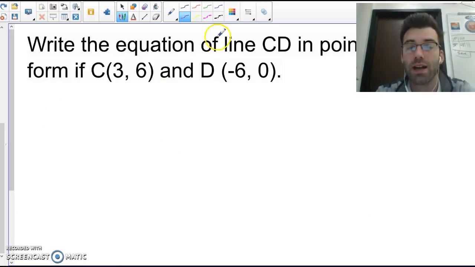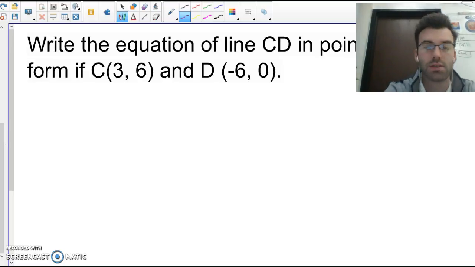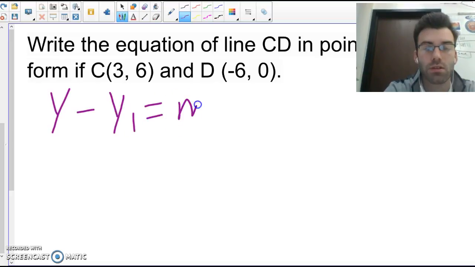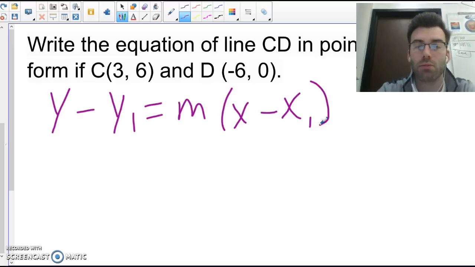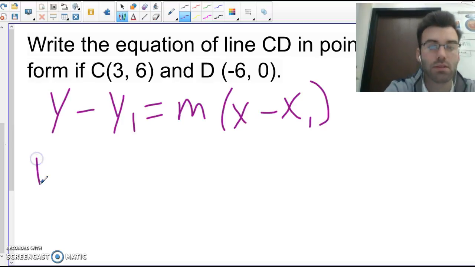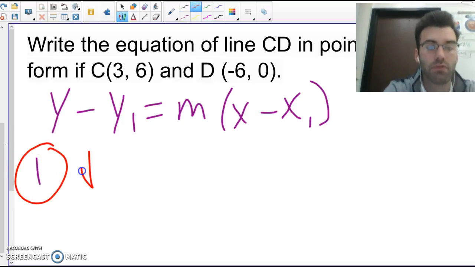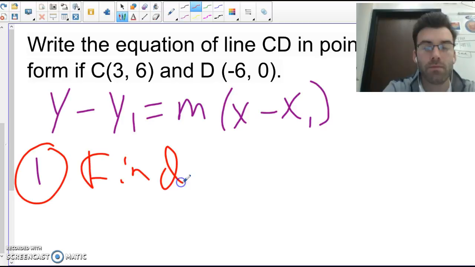Point-slope form is a lot easier than slope-intercept form. In point-slope form, all you need to do is find the slope. Point-slope form looks like this. x1 and y1 are points on our line, so we can use this point or this point, it doesn't matter. But our first step is still to find m.